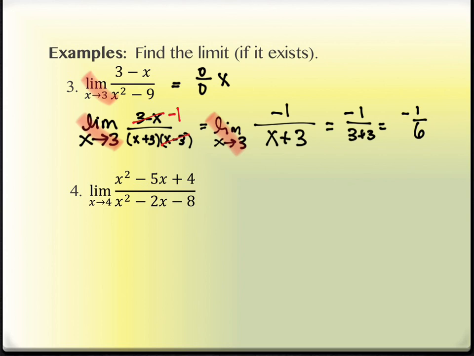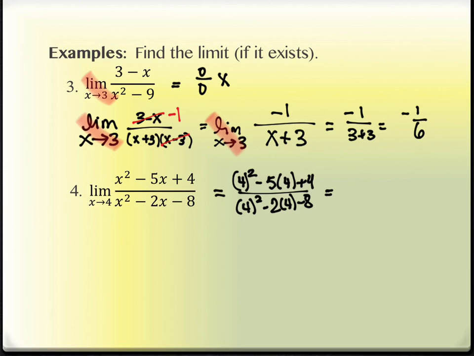So we should always attempt to evaluate at the value we're given. So this is 4. So 4 squared minus 5 times 4 plus 4 over 4 squared minus 2 times 4 minus 8. Because if, in fact, I don't get 0/0, then I will be done after one step, right? Whether it factors or not.